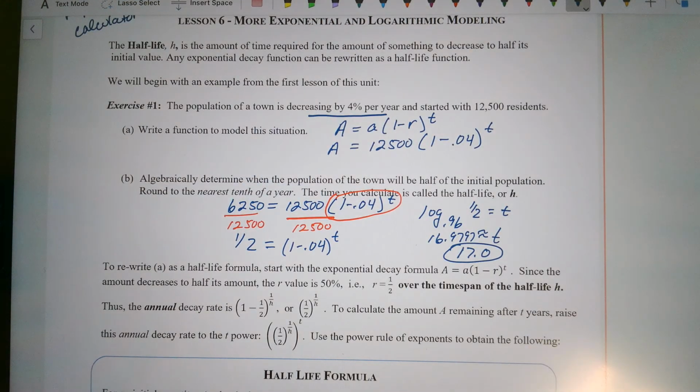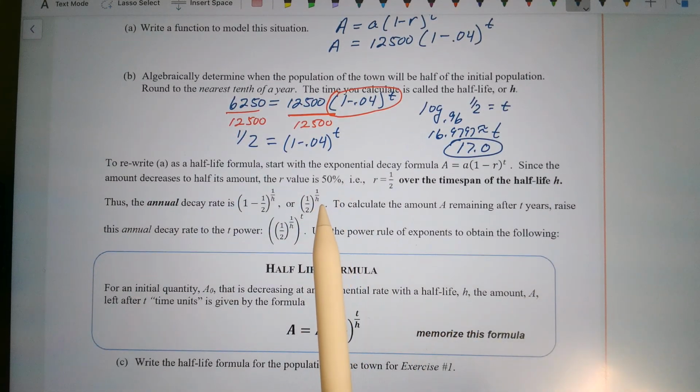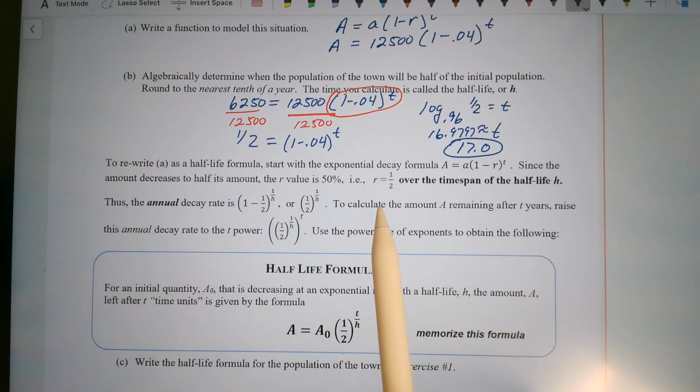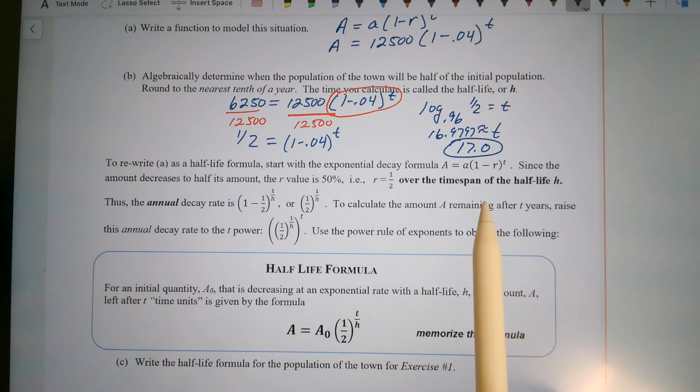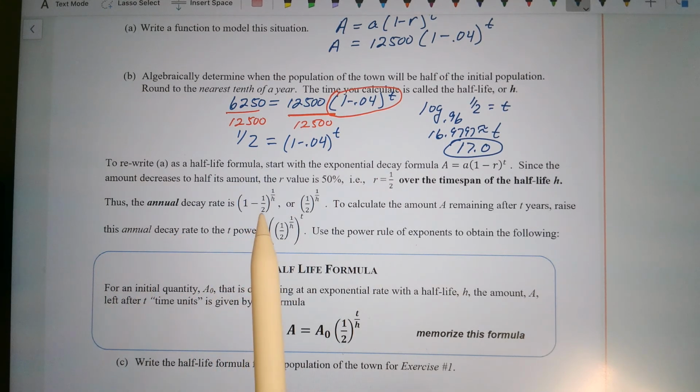To rewrite A as a half-life formula, we start with the exponential decay formula. Since the amount decreases to half its amount, the r value is 50%, or r equals a half, over the time span of half the life, lowercase h. The annual decay rate is 1/2 to the 1 over h.